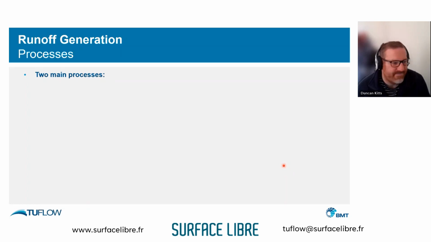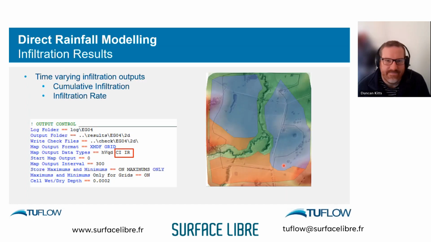We've done a few tests, and it is quite interesting to track the infiltration versus time, especially in link with your spatial rainfall. When you want to really understand what's happening in your model, it's good to have a look at this kind of results along with depths and velocities on the flooded side of the model.